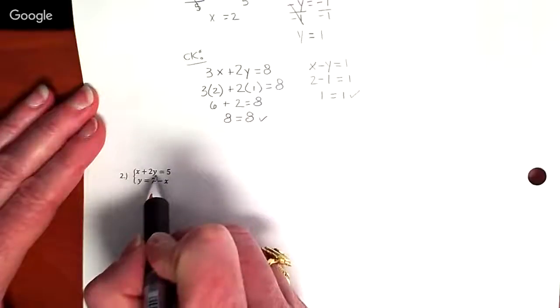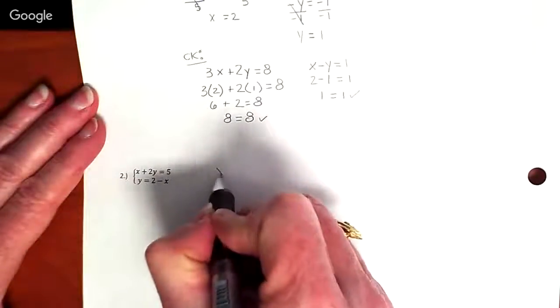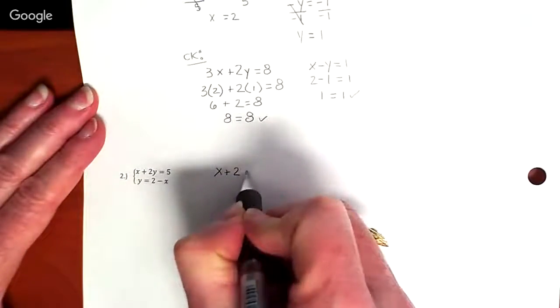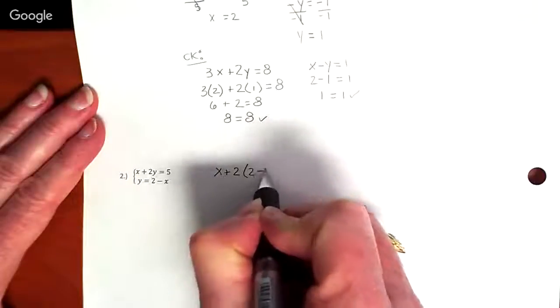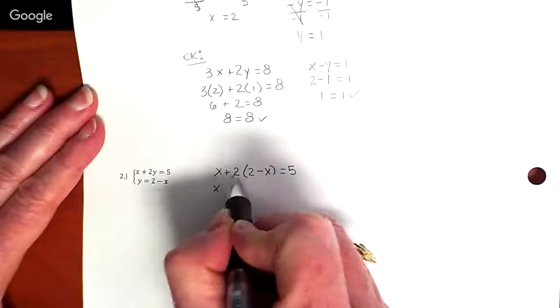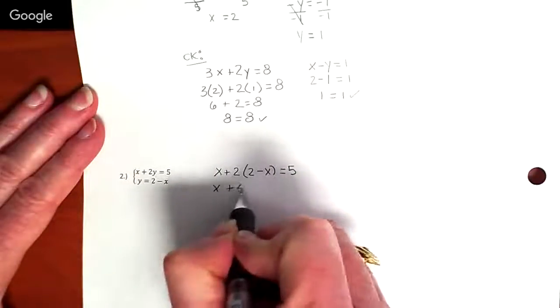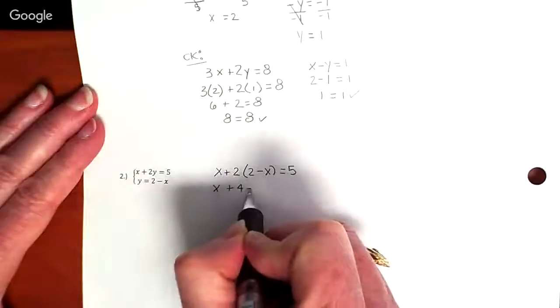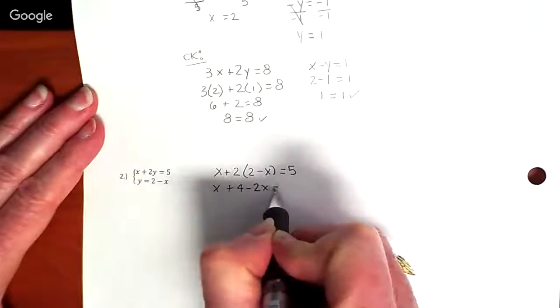Our last one, I'm going to substitute. So we have x plus 2 times 2 minus x equals 5. So x plus 4 minus 2x equals 5.